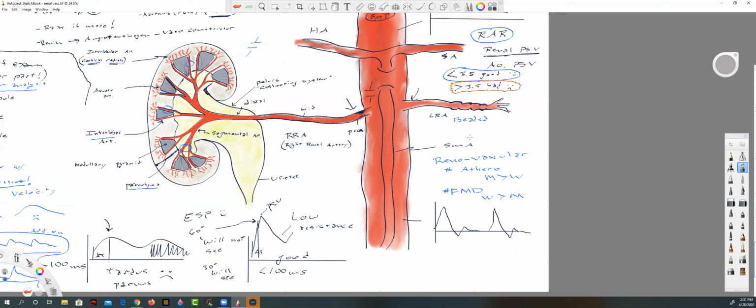No plaque involved. However, once it gets bad enough, and the walls kind of grow in like this, a stenosis can form.